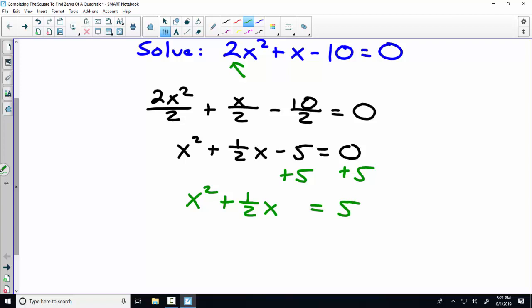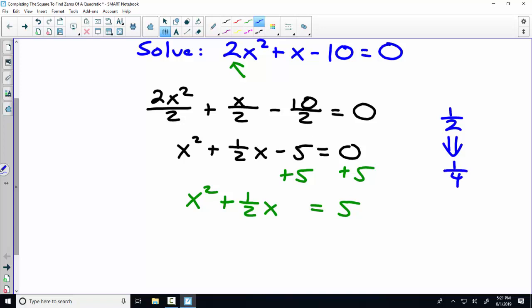All right, now the tricky part. You identify the number in front of the x, not the x squared, but in front of the x, and we write it off to the side. So the number in front of x is 1/2. We divide that in half, or divide it by 2. And actually the easiest way to divide a fraction by 2 is just to double the denominator. So half of 1/2 is actually 1/4.